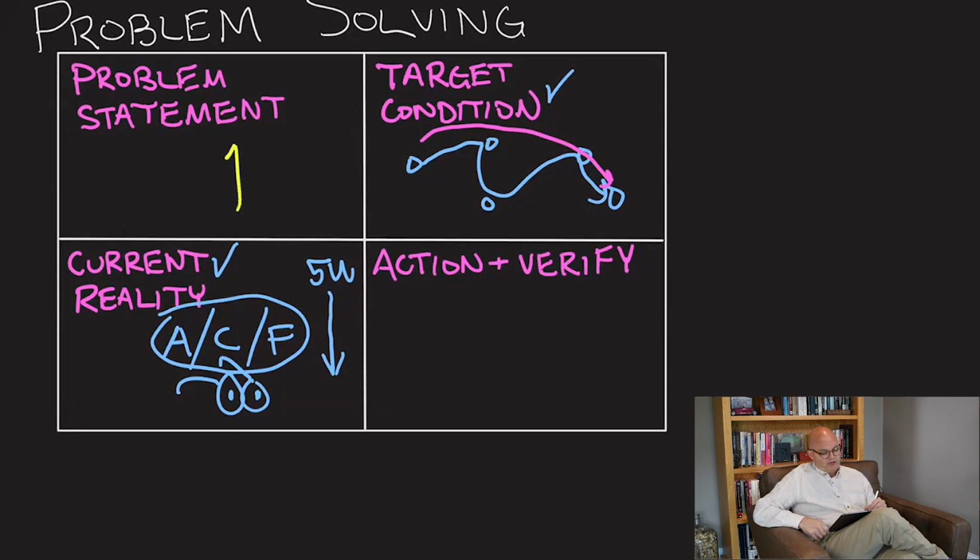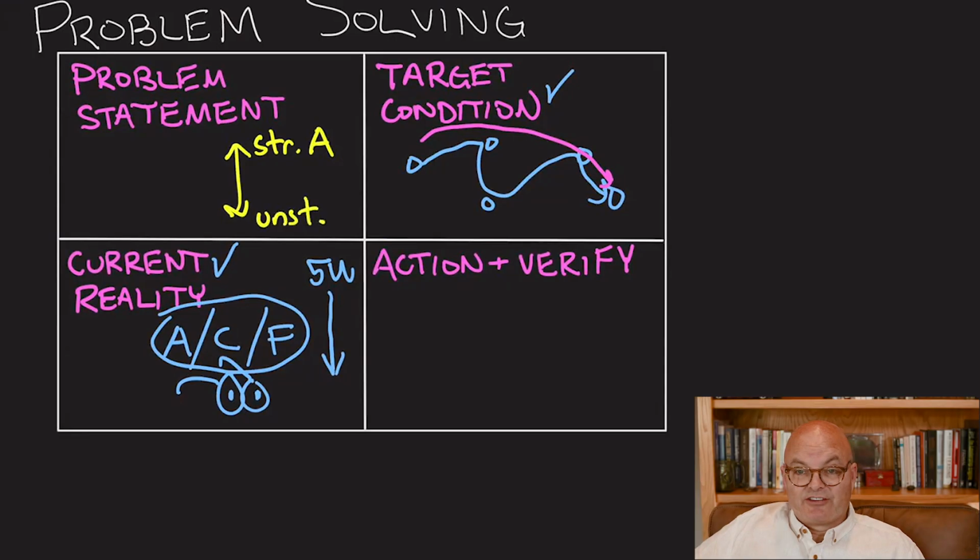So you have a gap, and the gap is that the target state is a structured activity, and currently it's unstructured. There's your gap. That's the problem statement, and now you go and pursue closing that gap. And so rather than wait for a problem to exist in terms of results, we have things that aren't to the organization standard, and those become problems in their own right.